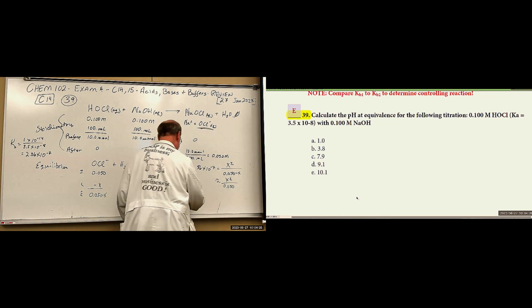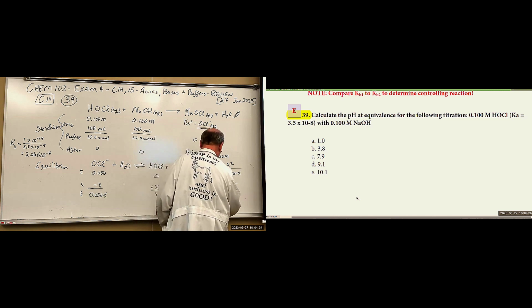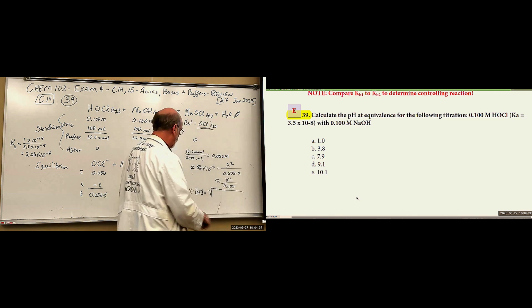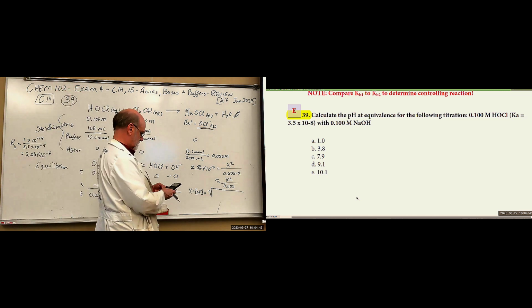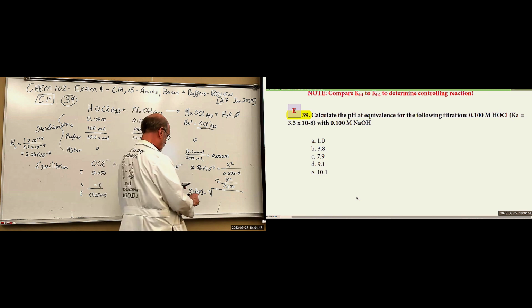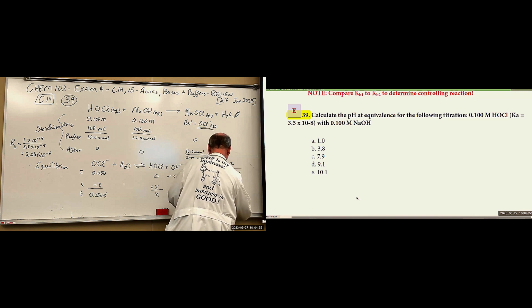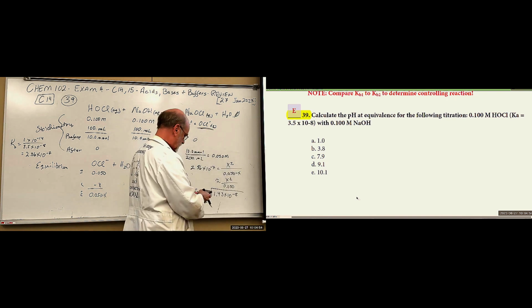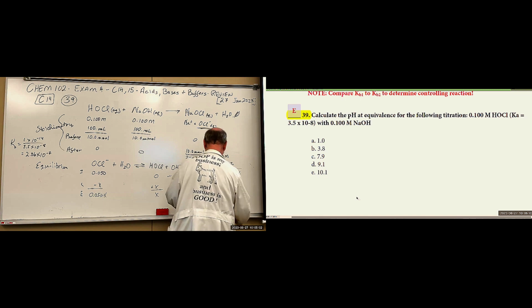All right, so X is equal to the hydroxide ion concentration, which is equal to the square root of 0.05 times 2.86 times 10 to the minus 7. That's 1.43 times 10 to the minus 8, and the square root of that is 1.20 times 10 to the minus 4.